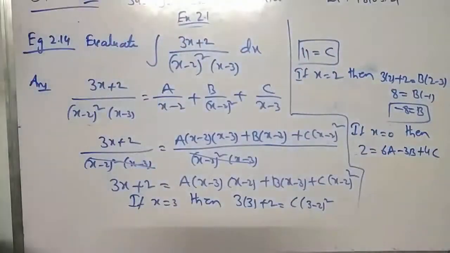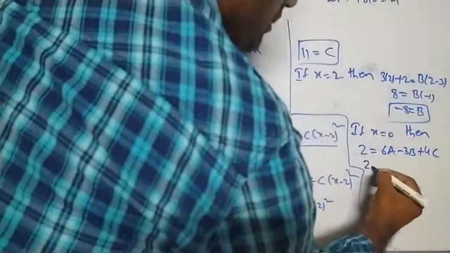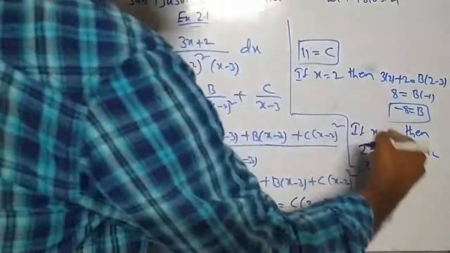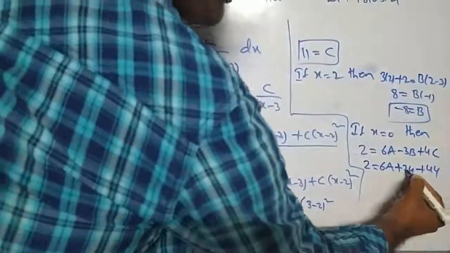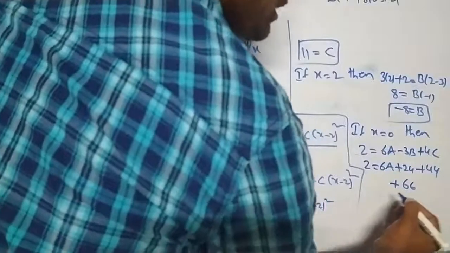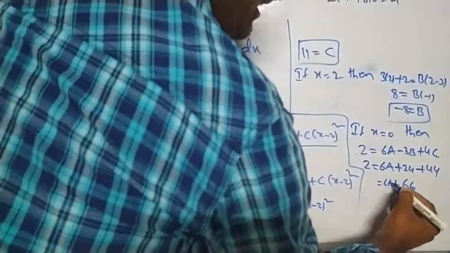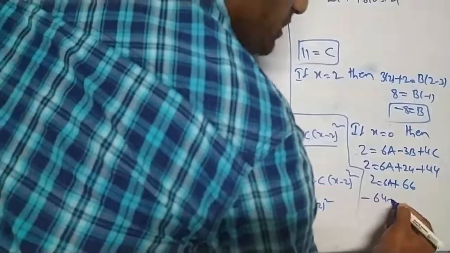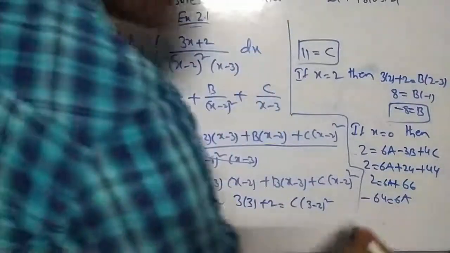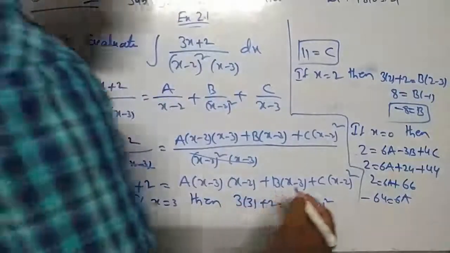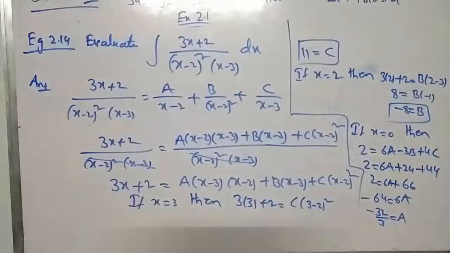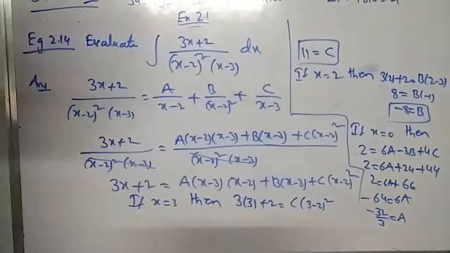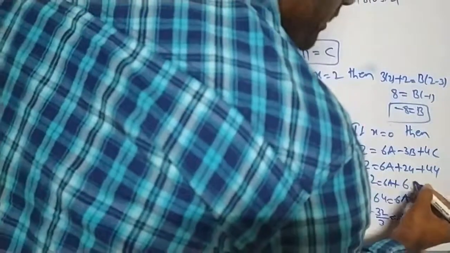Okay. Now substitute the b and c values in this. So 2 is equal to 6a minus 3 into minus 8 is 24, plus 4 11s are 44. So 24 plus 44 is 68.